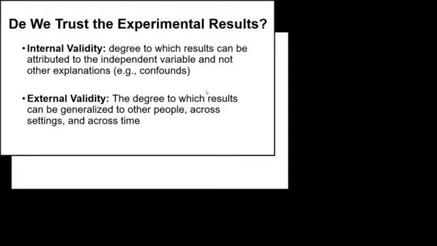So for a good experiment that we can apply to other situations that we can generalize, we want high internal and external validity. Both are going to be important. But we talked about situations where you can get away with having low external validity as long as you keep it in mind. So those were the things where we can get away with not having a representative sample. Those situations apply.